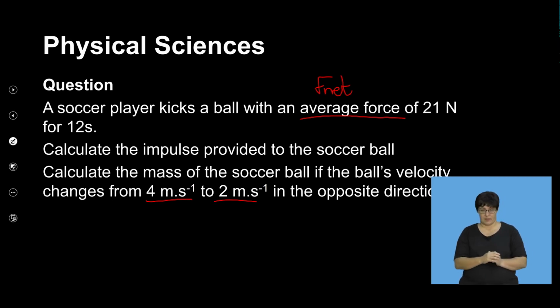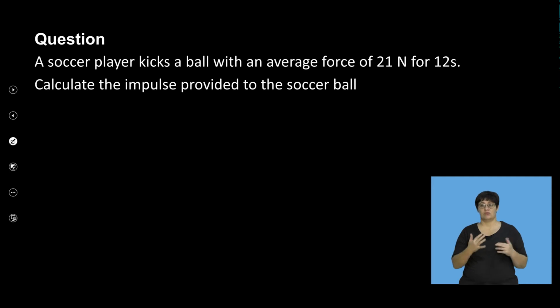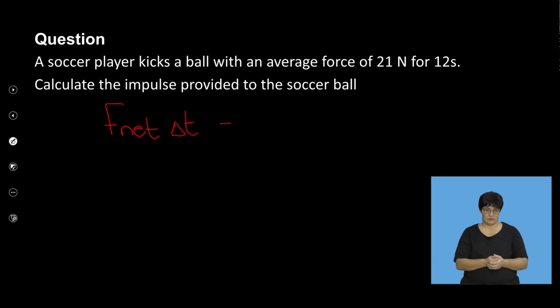So, first of all, he kicks a ball with an average force of 21 newtons for 12 seconds. We want the impulse provided. I gave you this equation. I can't start here.